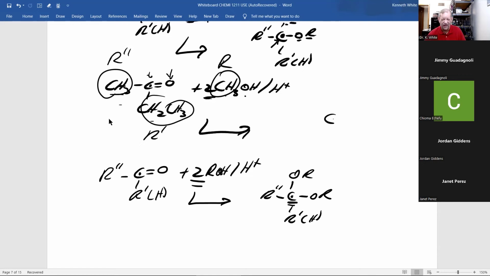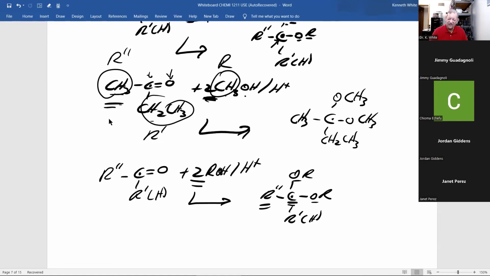So I'll draw that in. What's attached to it, R prime, ethyl. What's also attached to it, R double prime, and that's methyl. Then, because of the two, I have two oxygens. And then what's R? CH3, CH3, and I'm done. And that's how you do it.